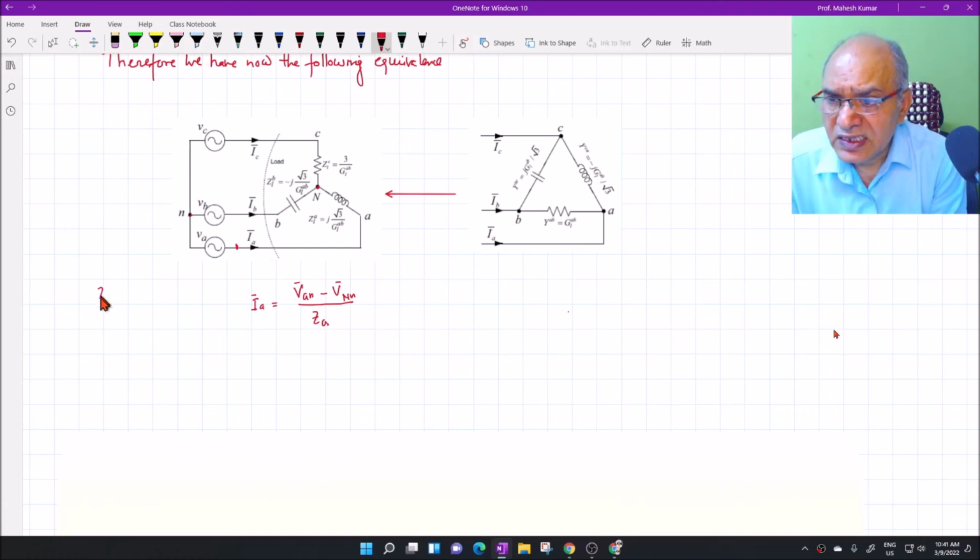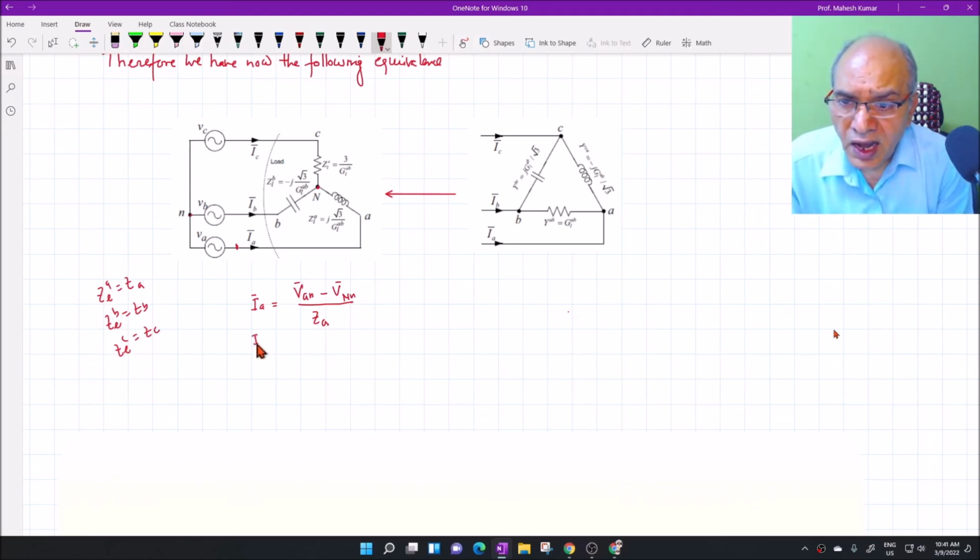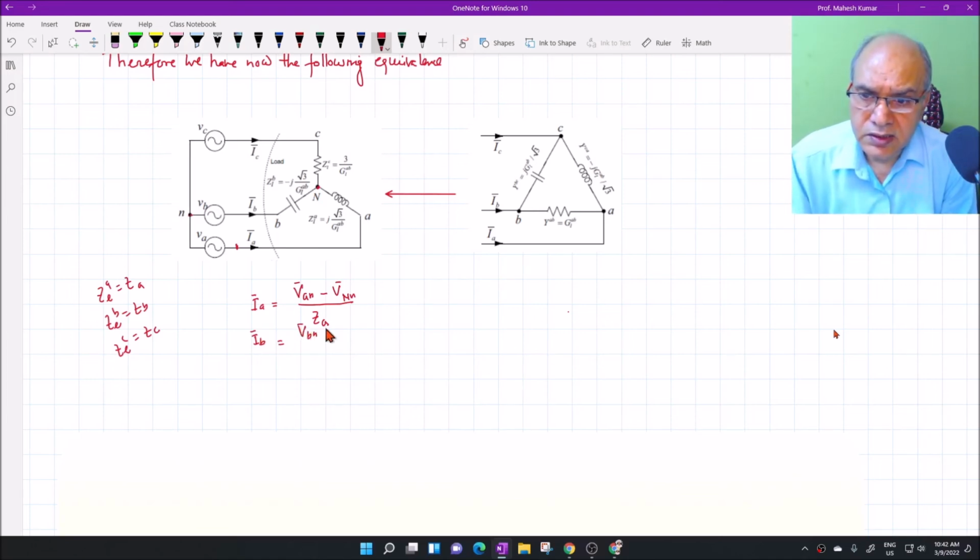So I have simplified ZLA equal to ZA, and ZLB equal to ZB, for example, and ZLC equal to ZC. What is IB? IB will be nothing but VBN minus VNN divided by ZB, and IC will be VCN minus VNN divided by ZC.